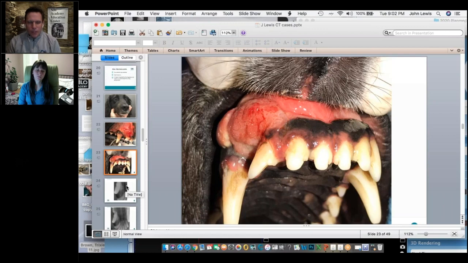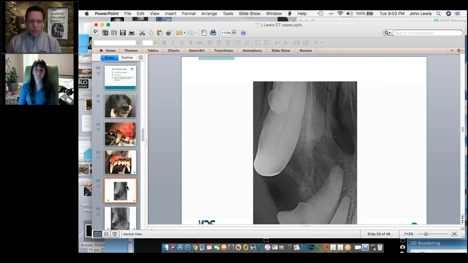And so an interesting comparison would be, how does this look with, say, a size 2 dental radiograph versus a size 4 dental radiograph versus a cone beam CT? And so here's what you would probably get with a well-placed size 2 sensor. So you can see that there's some evidence of lysis of the bone in the diastema, and perhaps some sclerosis of the bone on the palatal surface of 104, and perhaps some widening of the periodontal ligament space.